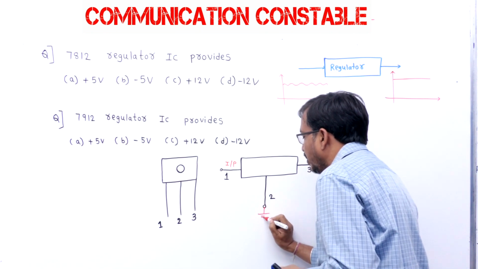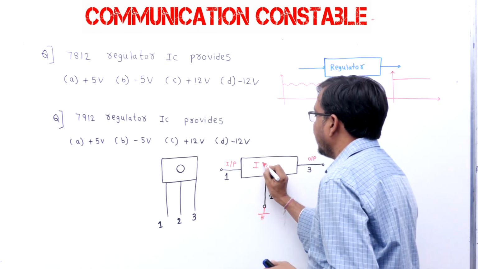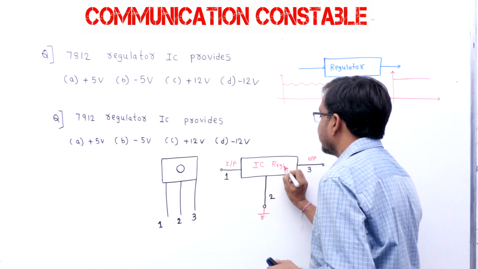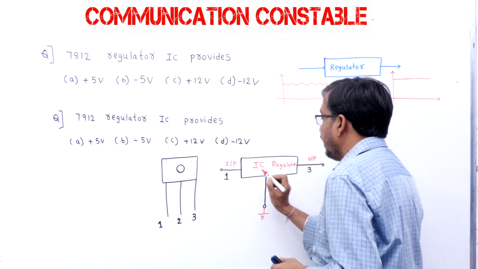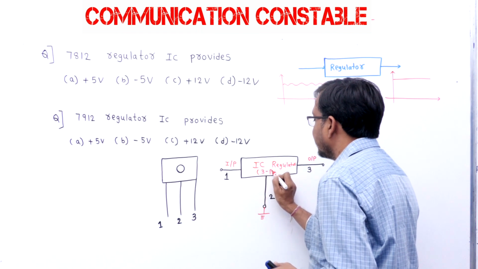What is pin number 2? Ground. This is an IC regulator, and it consists of 3 pins. That is why I am writing 3 pin IC regulator.